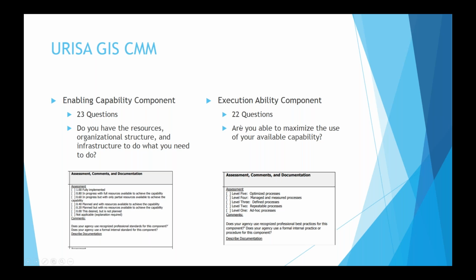Basically that's asking, are you able to maximize the use of your available capability? That's assessed using the 5 maturity levels that I talked about earlier. So level 1 is the ad hoc process, going up to level 5, which is the optimized process.